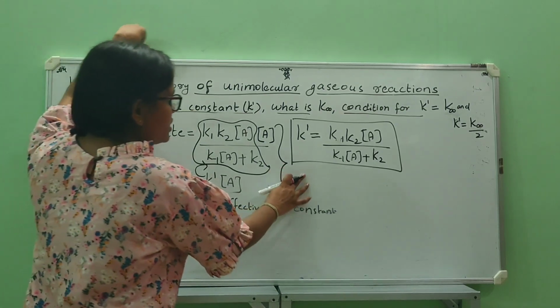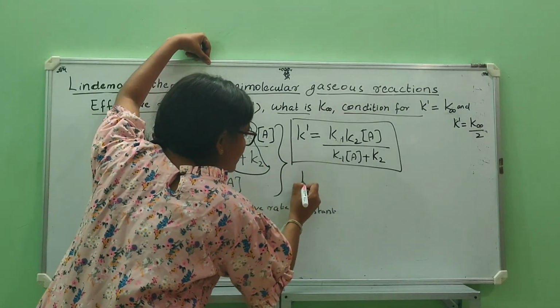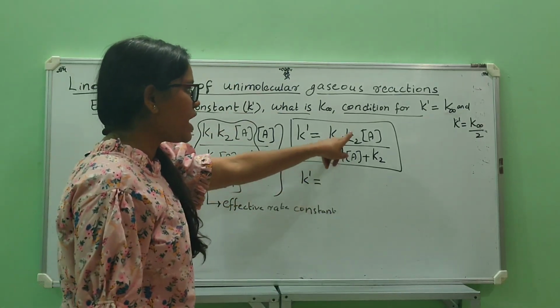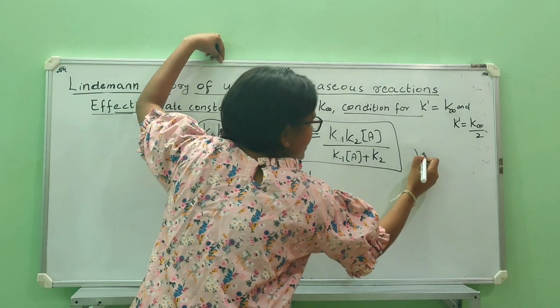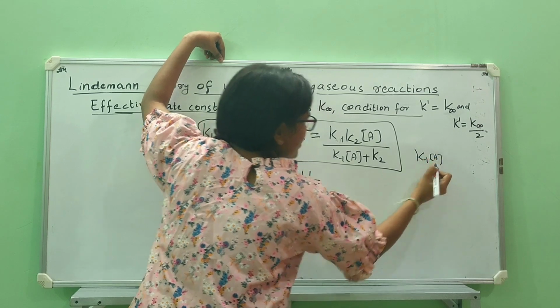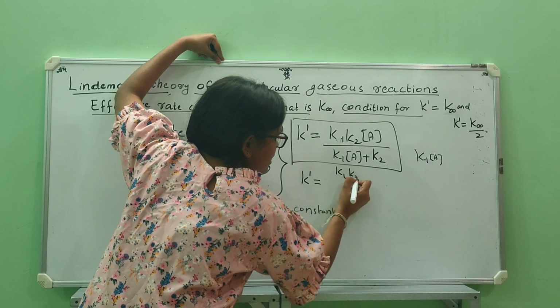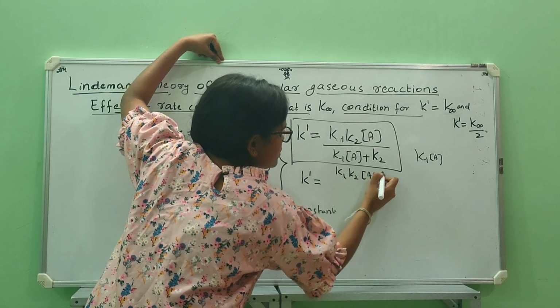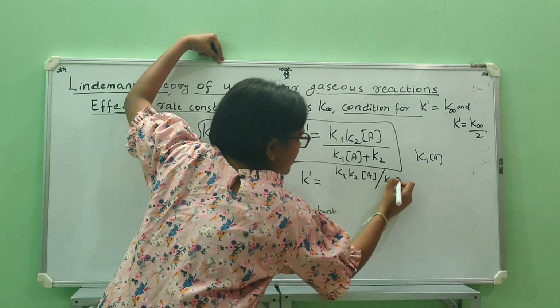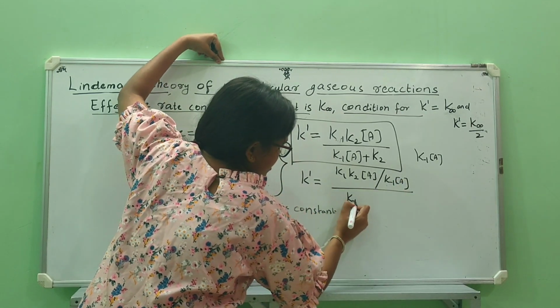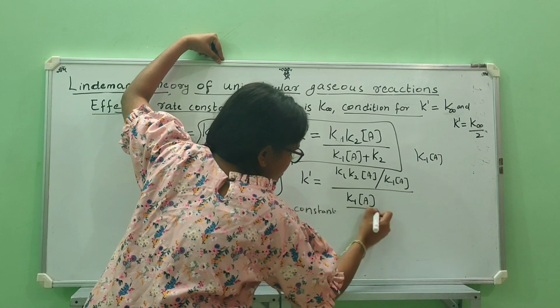So this equation can be modified a bit. Let's see how we do that. K dash is equal to, now I can divide the numerator and denominator by K minus 1 into A. So let's divide and see. So K1, K2, A, the numerator is divided by K minus 1 into A, and now let's divide the denominator.